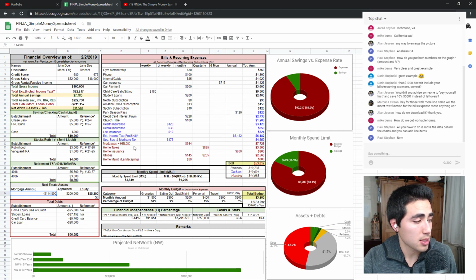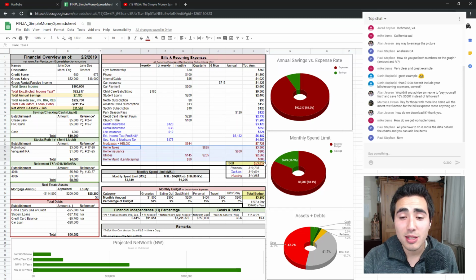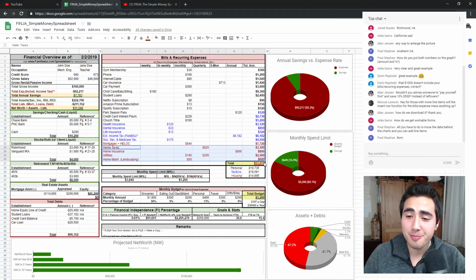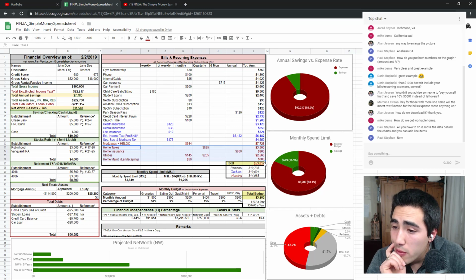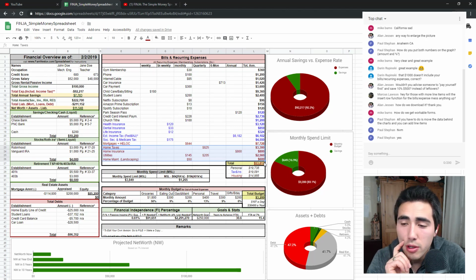So they did a decent thing. But housing expenses can be huge. I recommend all my friends buy at least a duplex, have your tenant help out with the mortgage or pay it if you can. All you have to do is move the data behind the charts and you can add line items. Yes. Great. Okay.